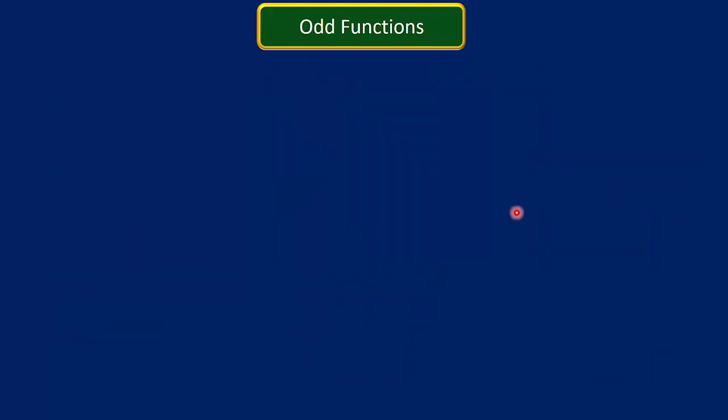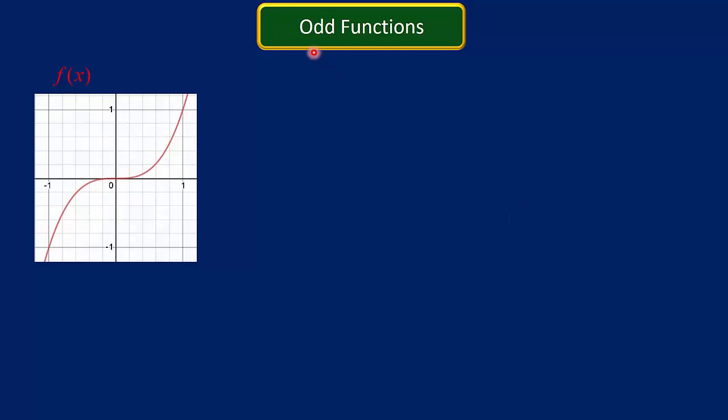Now let's look at another classification of functions, odd functions. And here's an example of an odd function. Now notice, if I were to evaluate this function at, let's say, negative 2/5 right here, okay? Here's negative 2/5. Notice I get exactly the opposite that I would get if I evaluate the function at positive 2/5.